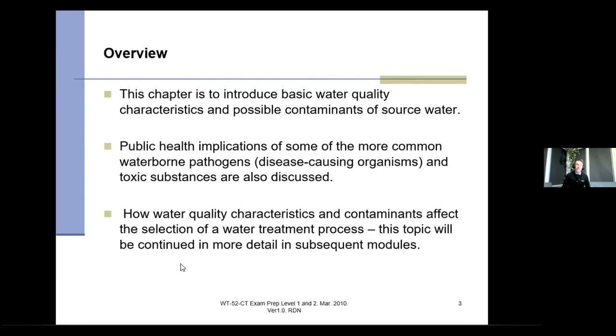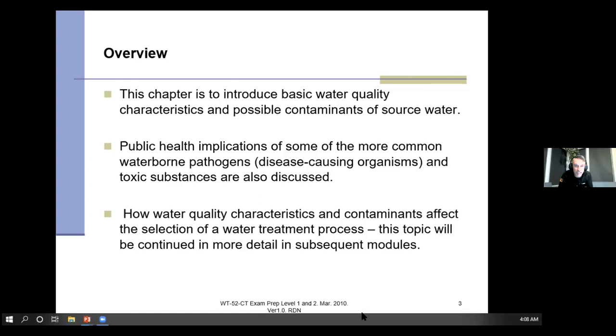So that brings us to our lecture today. We're going to talk a little bit about water itself and the environment, and some of the things that happen in that environment that could potentially contaminate your water. What happens out there in the contamination will dictate what kind of treatment you're going to need. Surface water and groundwater, which we'll talk about in a few minutes, have to be treated.